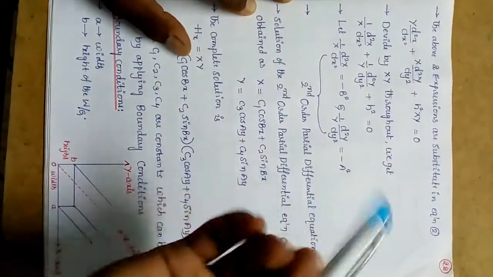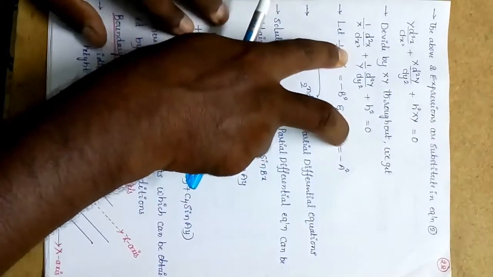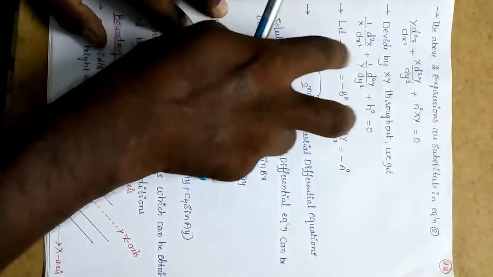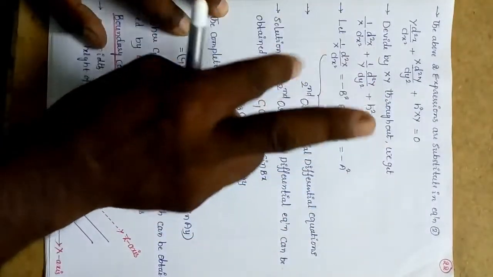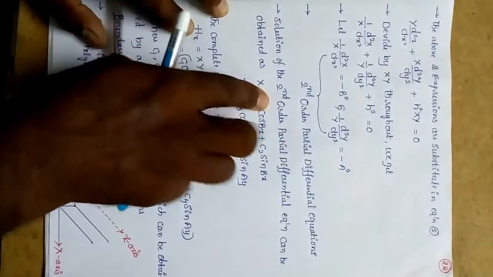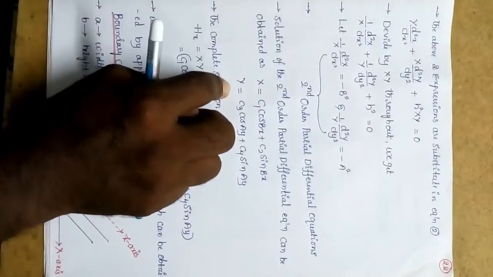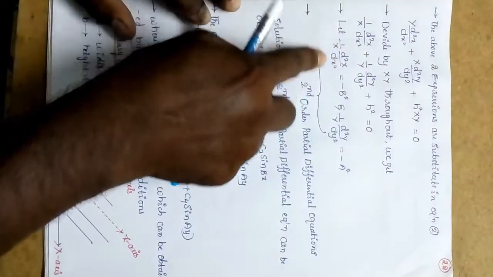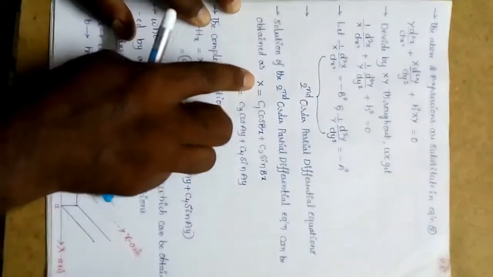Okay, after we got these two equations, after getting the solution of these two partial differential equations, what we are getting is x into y, that is hz. So the solution of the second order partial differential equation can be obtained. How to obtain? You simply see, after simplifying this second order partial differential equation, in this the x term is there, so here we are getting the x term.